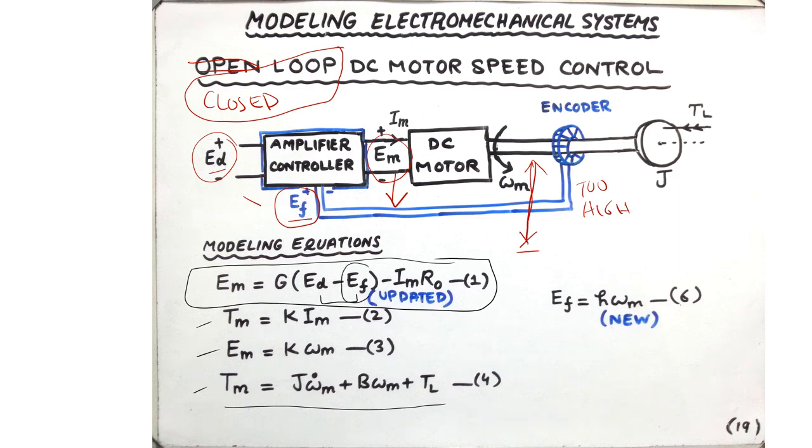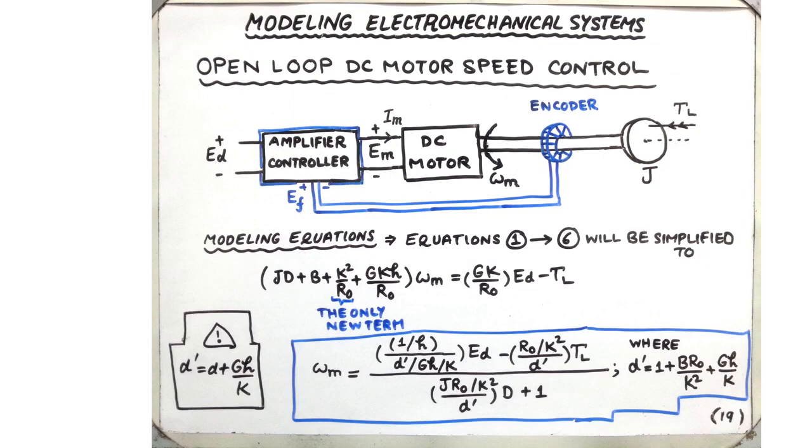So this is the new quantity which is being introduced into the equation. The other change is the model of the encoder, which says that the output of the encoder is proportional to its speed. This is written as a new equation. It should have been equation number 5. Combining the 5 modeling equations, this really should have been equation 1 through 5, and then can be simplified to the final expression as shown here.